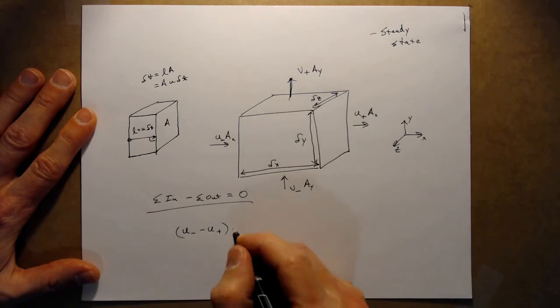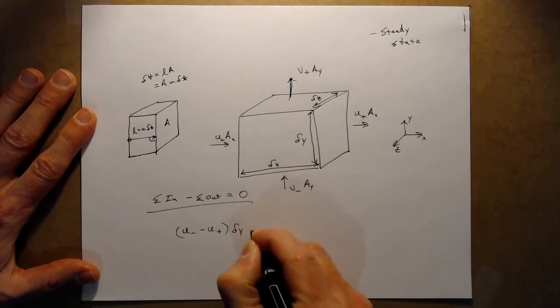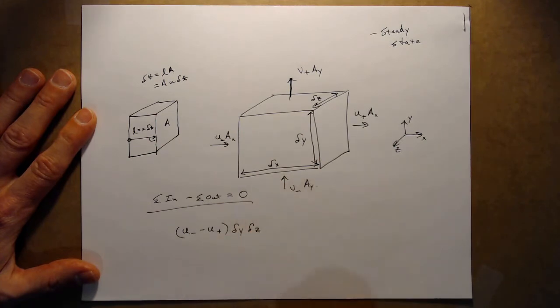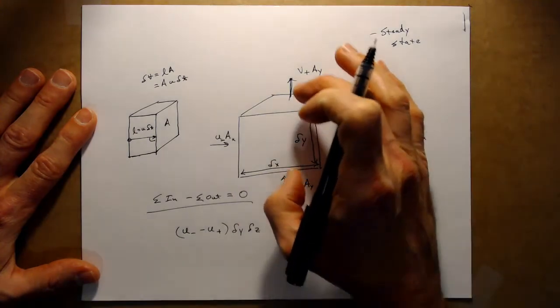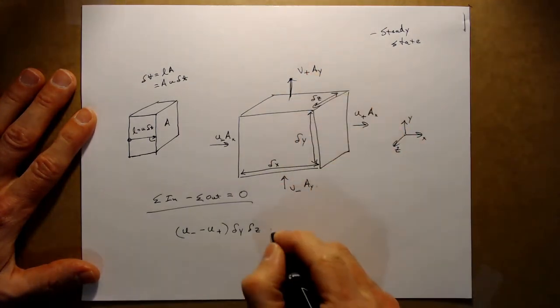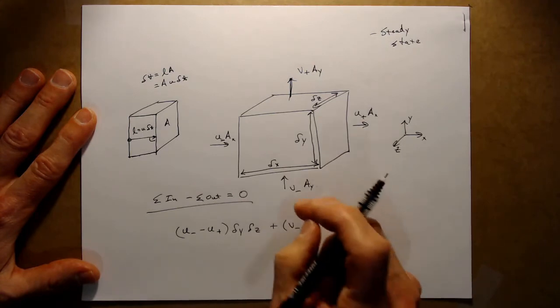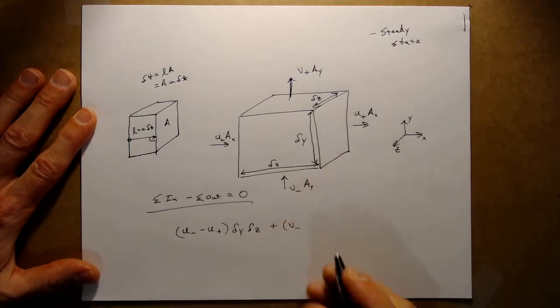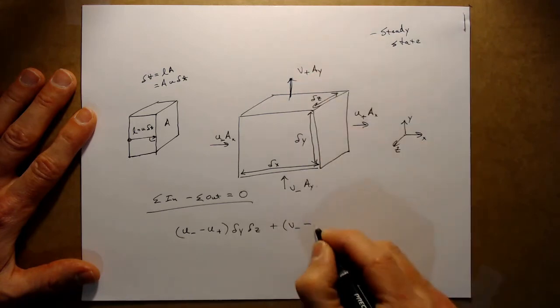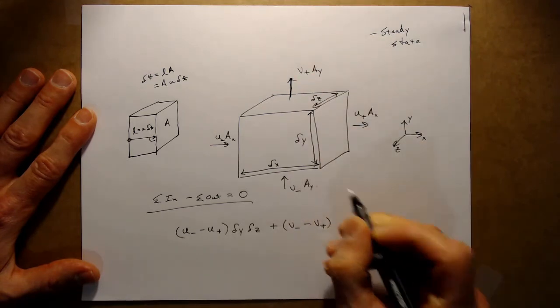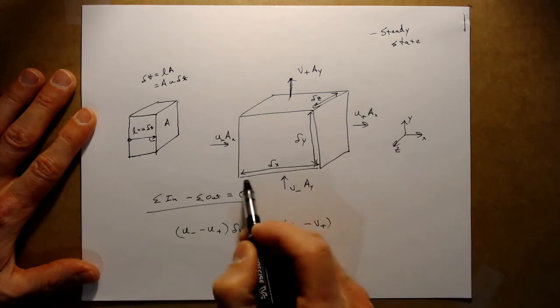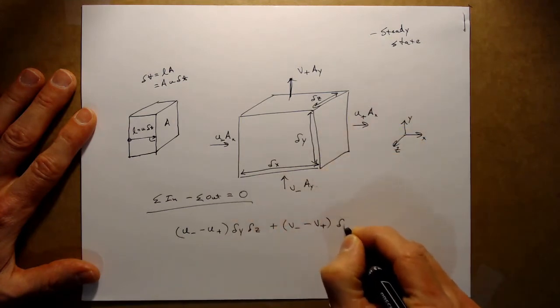Again, the same area for both of these, just delta y, delta z. And then I can do the same thing for the bottom and top faces. I can say volume is entering at a rate of v minus times ay, and leaving at a rate of v plus times ay, and ay is going to be delta x times delta z.